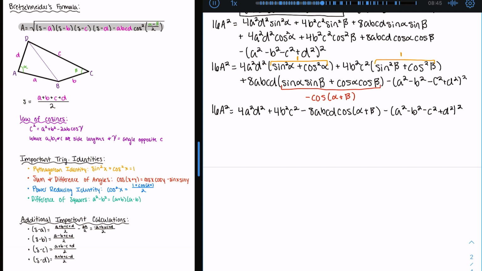So now we are going to add and subtract the same thing again, but this time we are going to use the 8abcd.